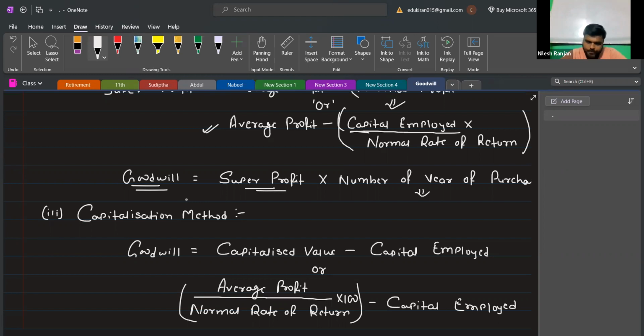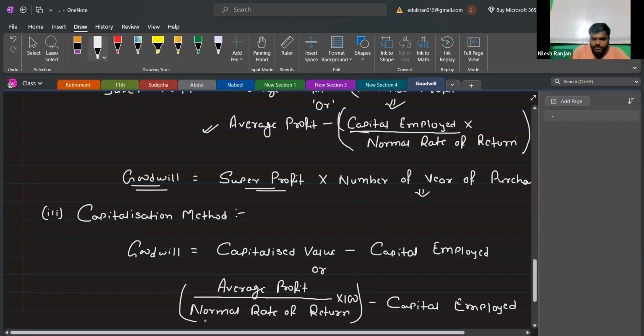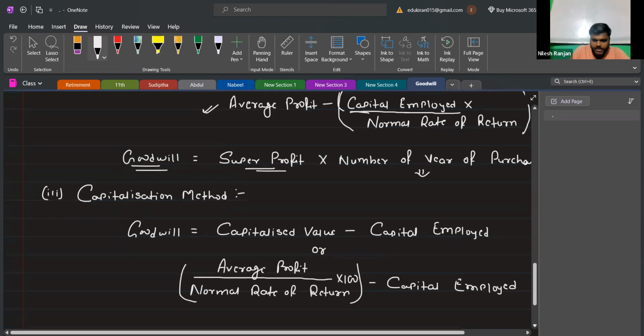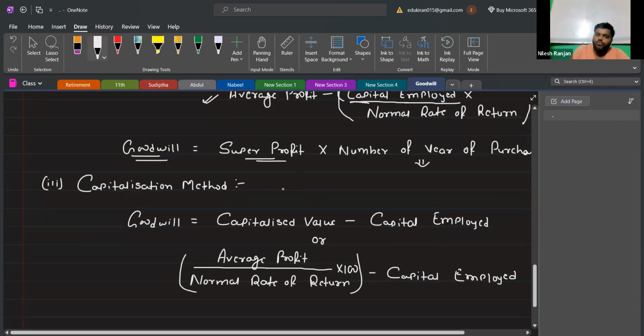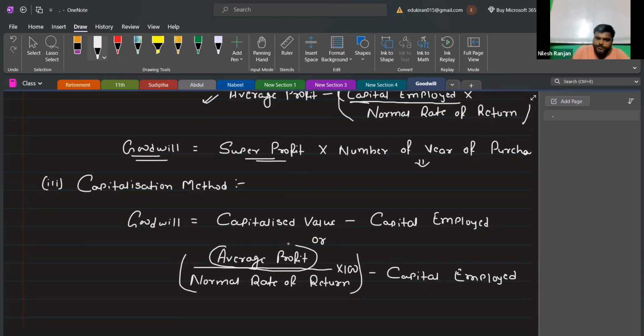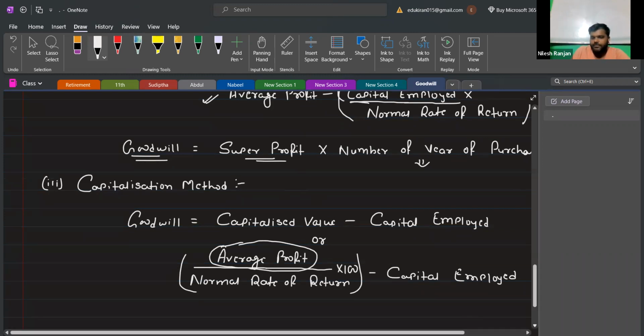What is capitalized value then? Okay, no problem. Capitalized value, in the same manner that we calculated super profit, we use average profit here. Average profit divided by normal rate of return.